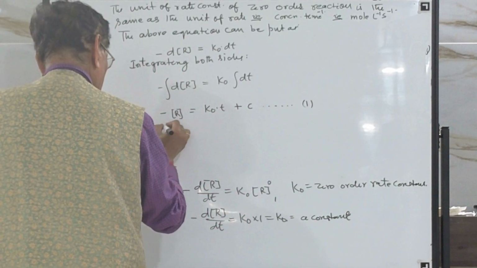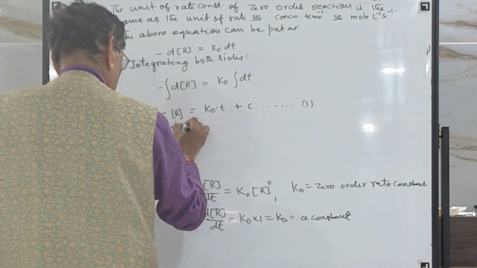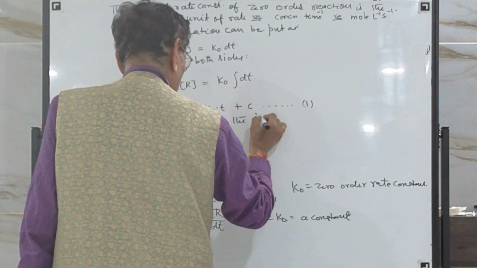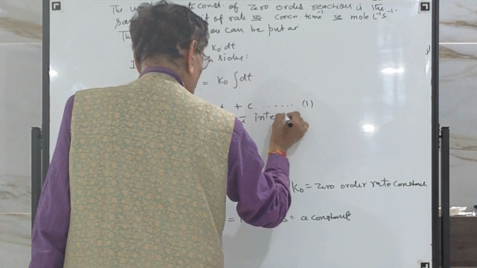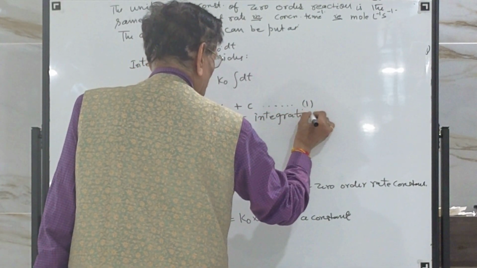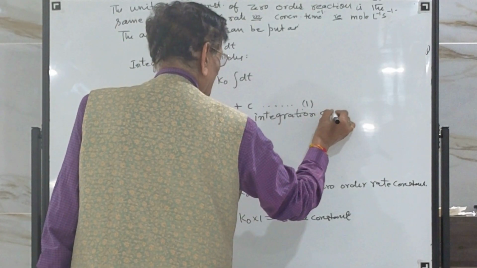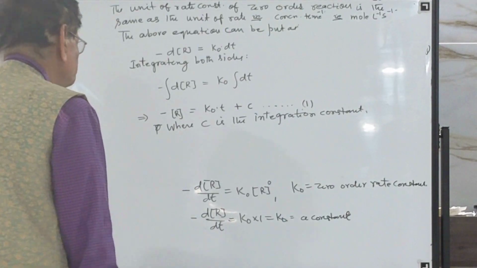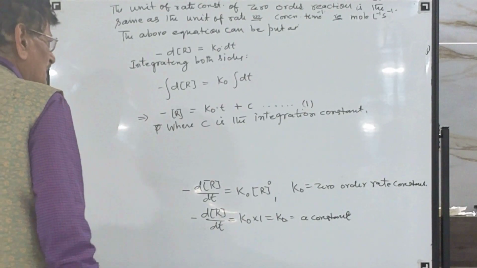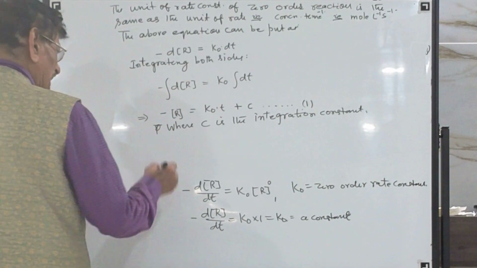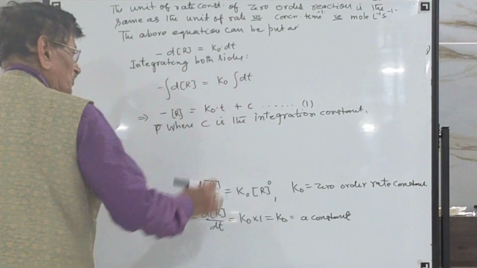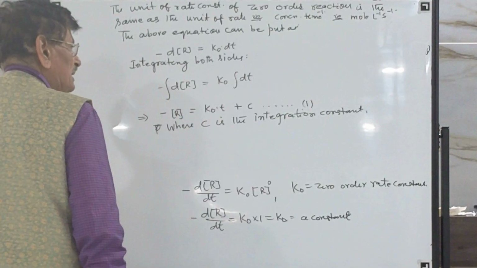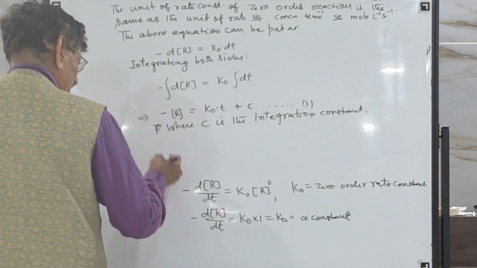Where C is the integration constant. The integration constant C can be evaluated by applying the initial condition of the reaction.